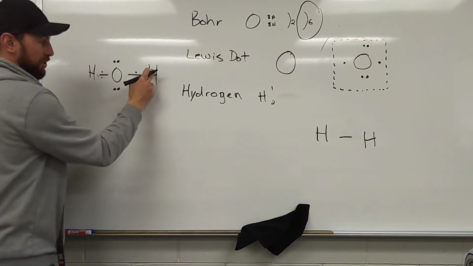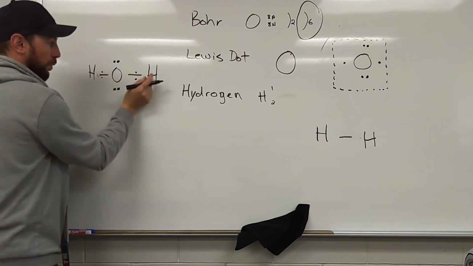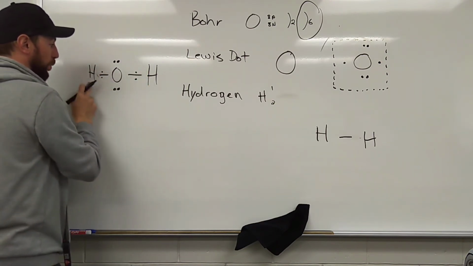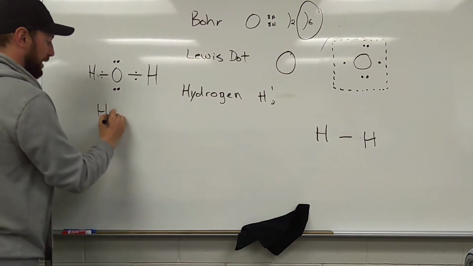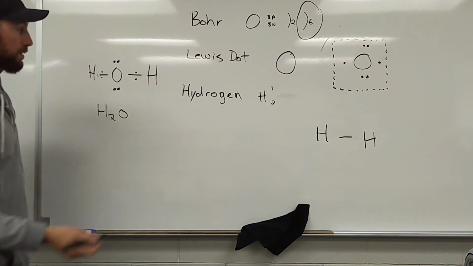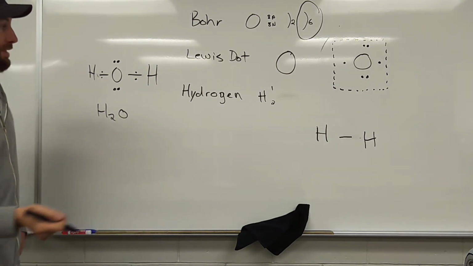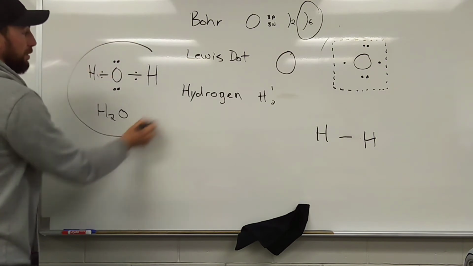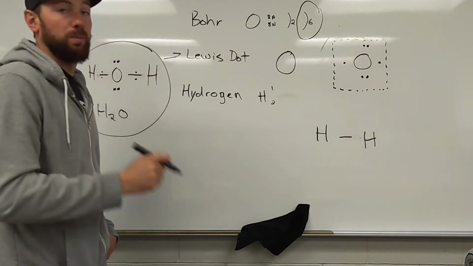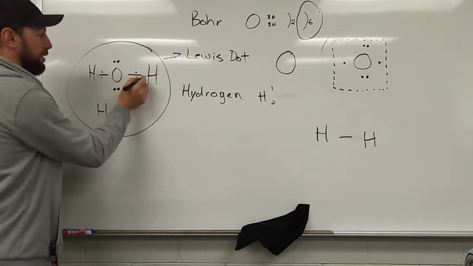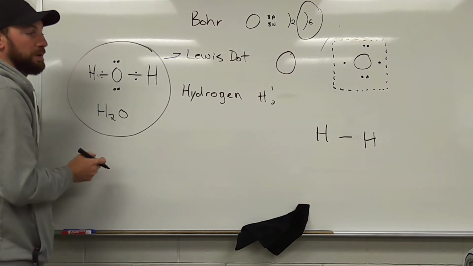So now hydrogen has 2 in his shell, oxygen has 8 because he's getting 1 from this molecule of hydrogen, 1 from this molecule of hydrogen. So the formula would be H2O. Does that make sense? I hope so. That's the simplest, easiest way. And Lewis dot works really good for showing covalent bonds because they're sharing. They aren't transferring. As soon as they transfer, it becomes a little different.